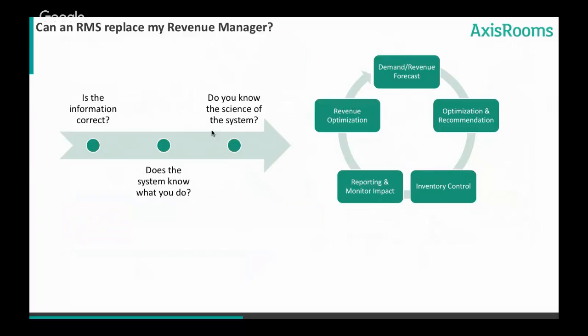And then finally over here, the science. Revenue management systems are very scientific, and they have very scientific methods of calculating different elements of their sections of their system. So as a revenue manager, it's good for you to know and understand how does a system actually work and how does it calculate for you then to be able to assess and analyze those decisions.